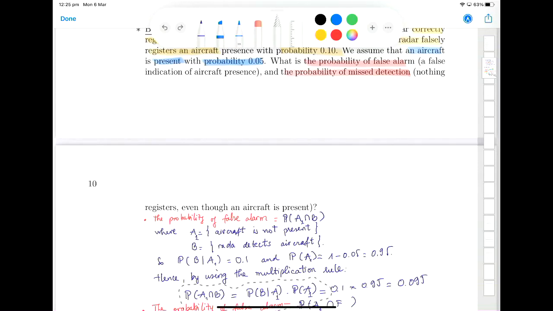You have everything from the question, you just put them together and you have the result. This is an example of using the multiplication rule to find the probability of the intersection of two sets, given that you know the conditional probability and the probability of A1.